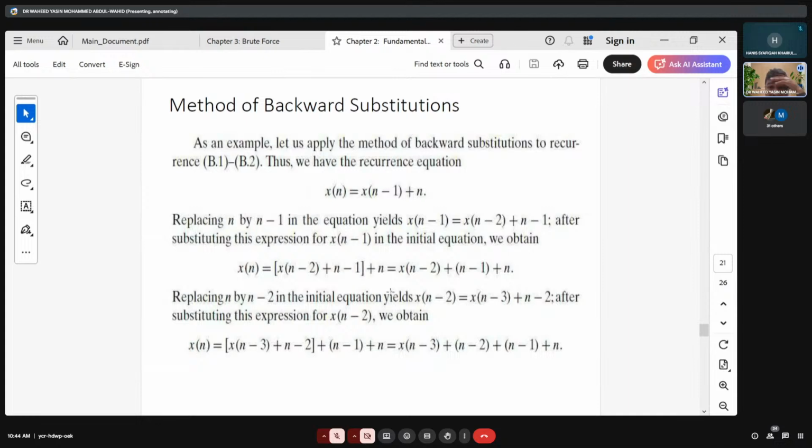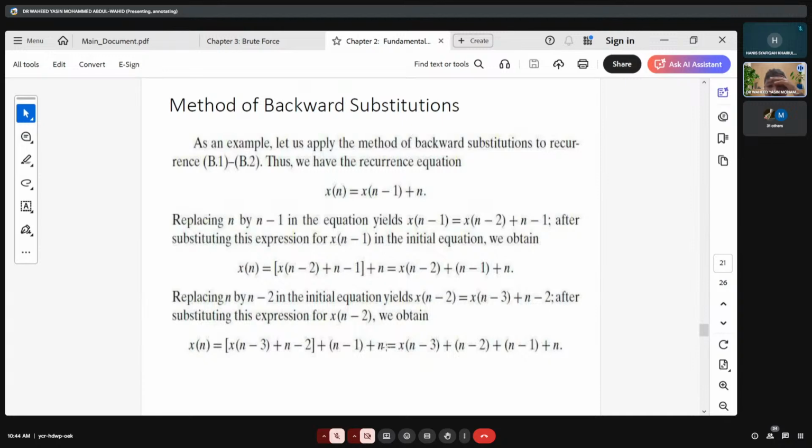Okay, I put it here, xn minus 2. Here I replace xn minus 2 with xn minus 3 plus n minus 2, plus n minus 1, plus n.